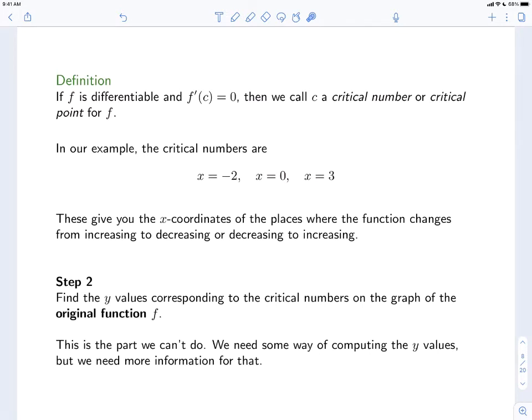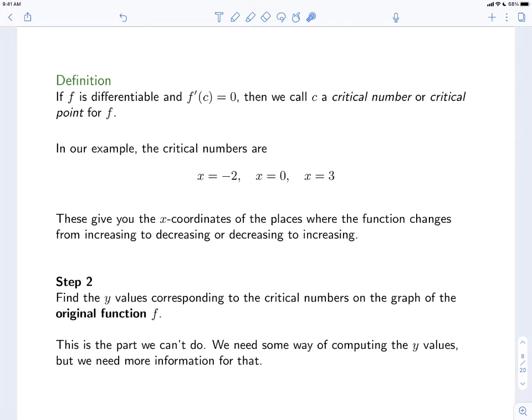So if your function is differentiable, then these critical numbers happen where the derivative is equal to 0. You can also get critical numbers when the derivative doesn't exist, so if f isn't differentiable. Because when the derivative doesn't exist, then the derivative might change sign from positive to negative, but it might not do it by passing through 0. It might do it through a jump.